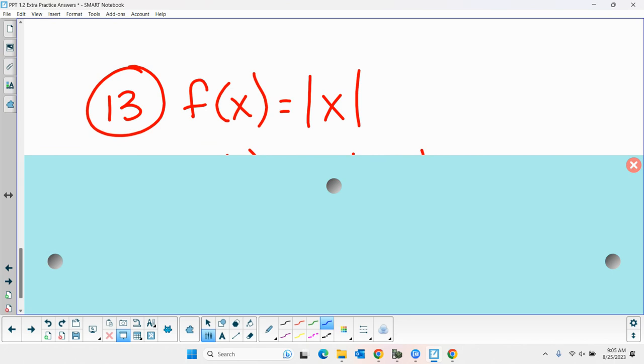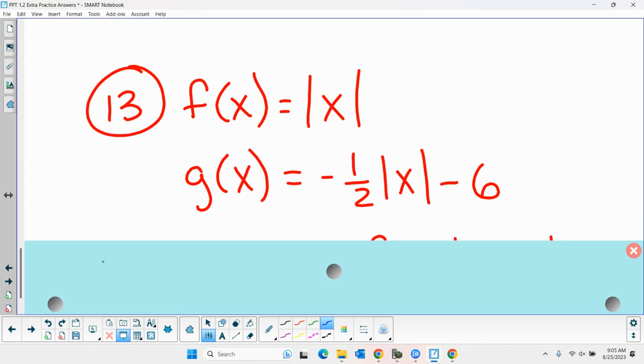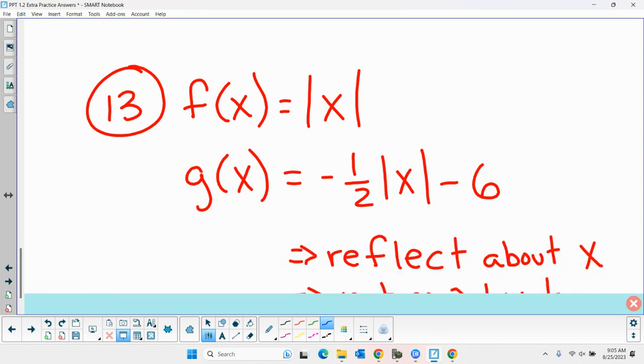And then the g was that. All right. So the negative in front of the whole thing came out front. It wasn't inside by the x. We're reflecting it about the x-axis. If the negative was inside with the x, we would have been reflecting it about the y-axis. Okay?